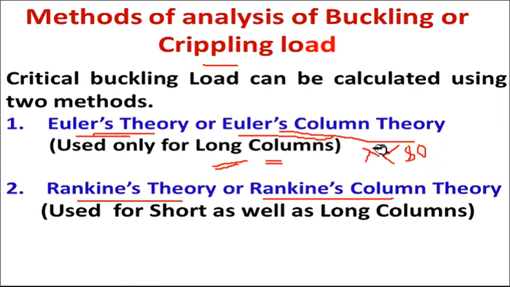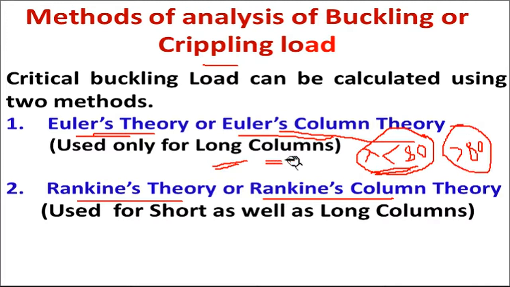For Euler's theory, lambda should be more than 80. So that is the limitation. This is an important question for competitive examinations like GATE. Many times it is asked for 2 marks.